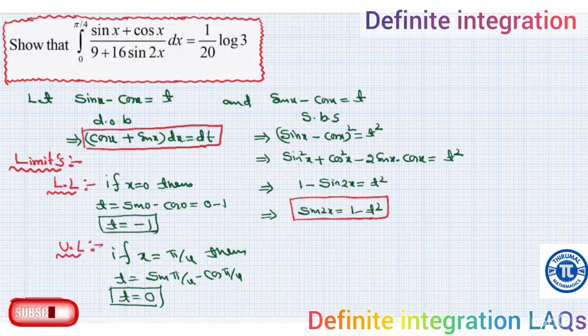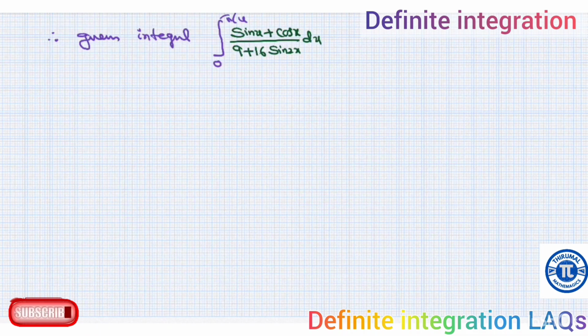Now consider the given integral. (cos x plus sin x) dx is equal to dt, and sin 2x is equal to 1 minus t square. Substitute these four values here, the lower limit and upper limit. Then we get the integration from minus 1 to 0 of (sin x plus cos x) dx, which is dt, by 9 plus 16 into sin 2x, whose value is 1 minus t square.